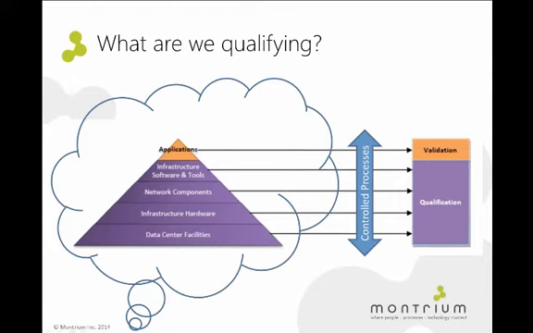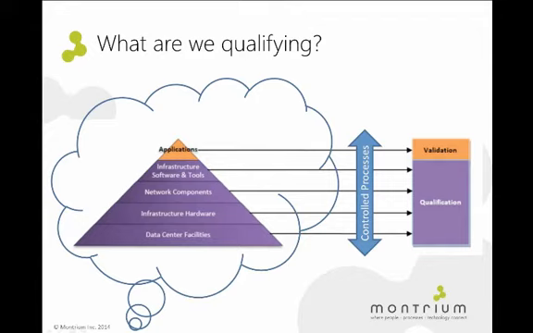Essentially, the cloud infrastructure is composed of several components, which together form the platform on which the individual applications can be installed, as depicted in this diagram. So we see that we have the data center facilities, infrastructure hardware, network components, infrastructure and tools, and on top of that we have the applications.